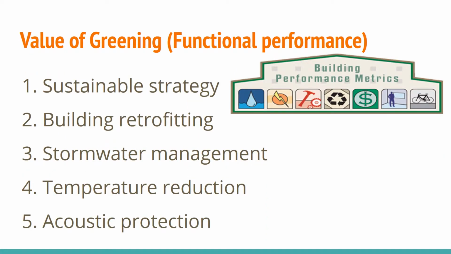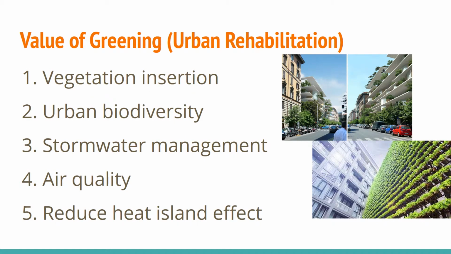Greening may strengthen the functional performance and urban rehabilitation too, including sustainable strategy, temperature reduction, and acoustic protection in a building. On the other hand, it may insert more vegetation, increase urban biodiversity, and improve air quality in the urban area. I will hand over to my groupmate to elaborate more on the technology of greening.